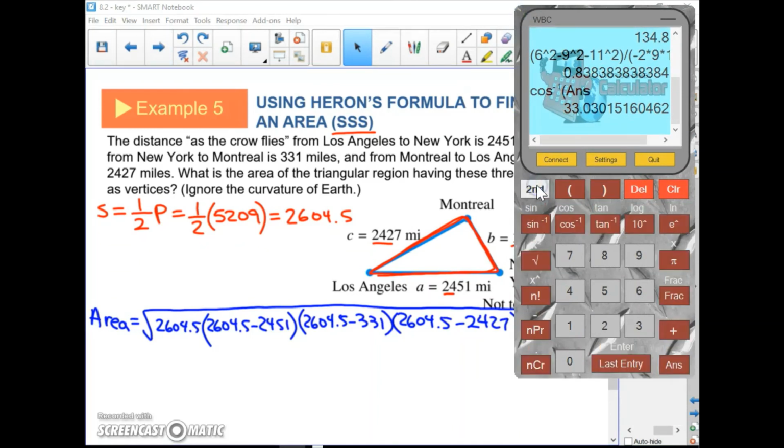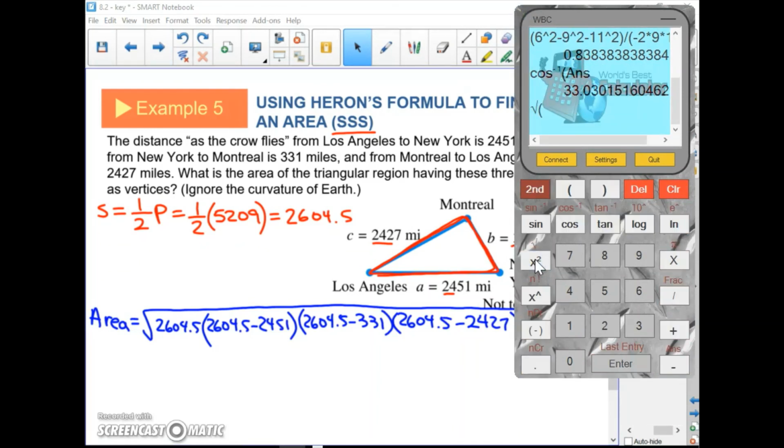So square root of 2604.5 times parentheses.